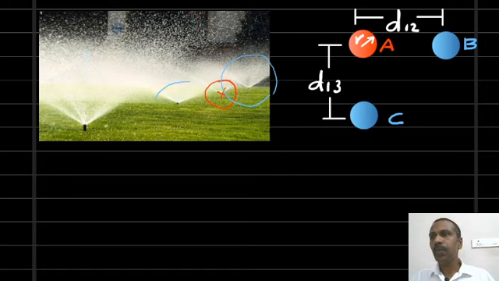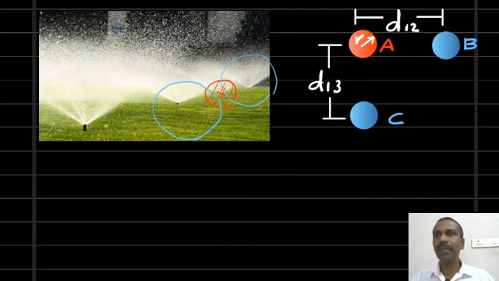This sprinkler will also give certain water droplets to that particular area. So in this area we get water from that particular sprinkler, then from the neighboring sprinkler also we get water droplets. This is quite analogous to the magnetic flux lines.